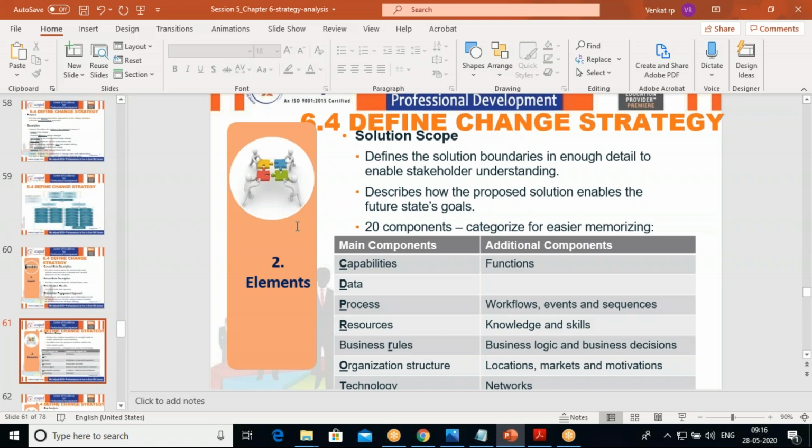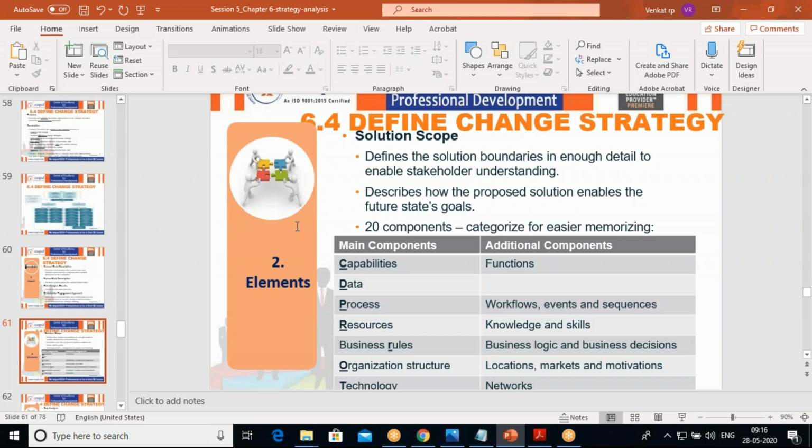Now here, what we have to do is, first of all, define the solution scope. Solution scope means here we have to define the solution boundaries, with enough detail to enable stakeholder understanding. That means where we are going to reach, how the solution is going to be described, we have to understand it. And here we are going to describe how the proposed solutions enable the future state goals.